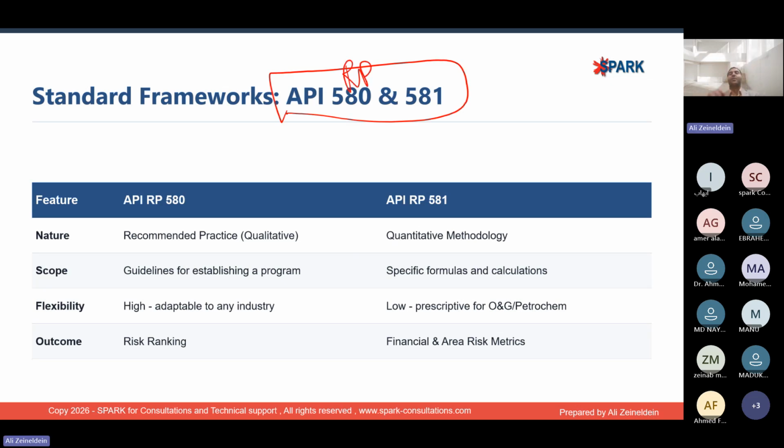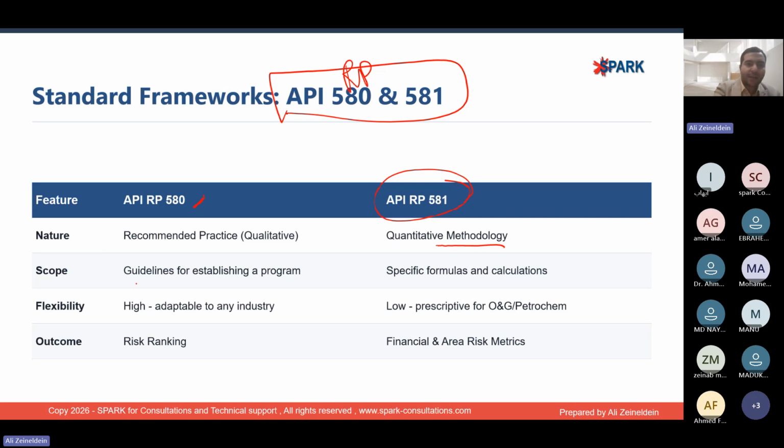Let us take the difference between both. API 580 recommended practice is qualitative, okay, but 581 is a quantitative methodology, meaning it specifically details the steps to calculate the risk in detail.